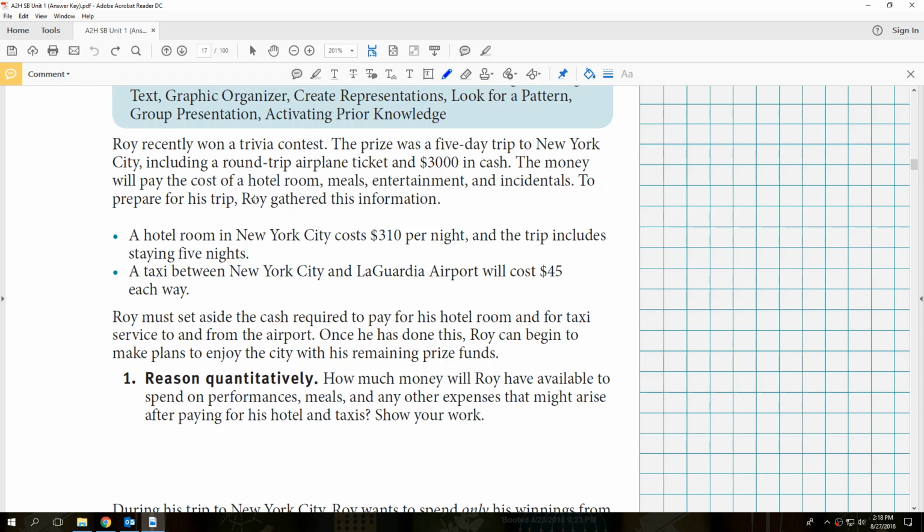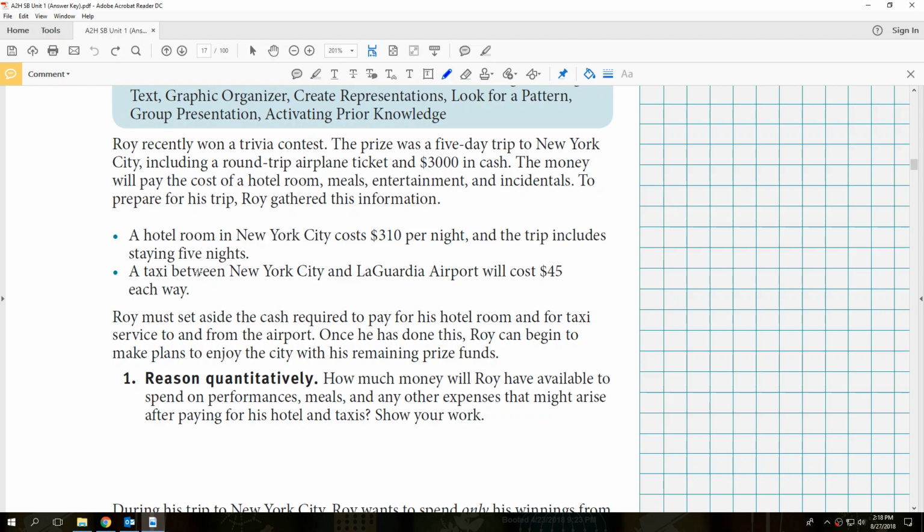So to prepare for his trip, Roy gathered the following information. He figured out that a hotel room in New York City costs $310 per night, and the trip includes staying 5 nights. And it's kind of interesting the way that they put it. Again, he's getting the round trip airplane ticket, but the cost for the hotel is going to have to come out of the $3,000.